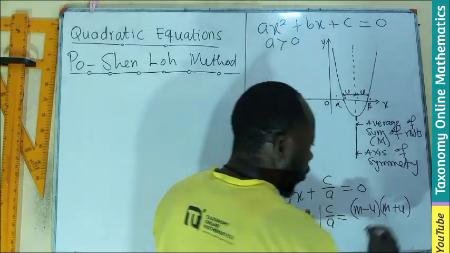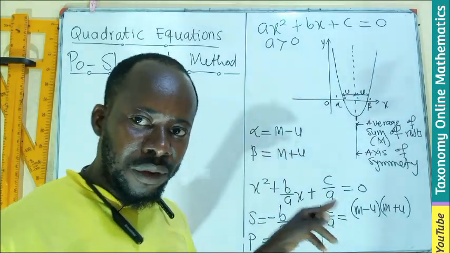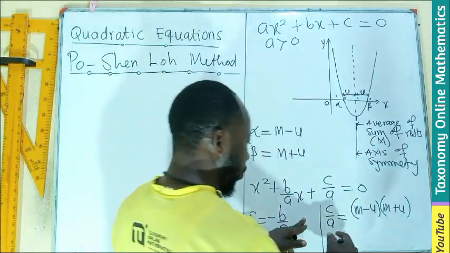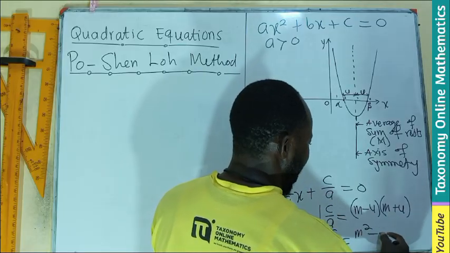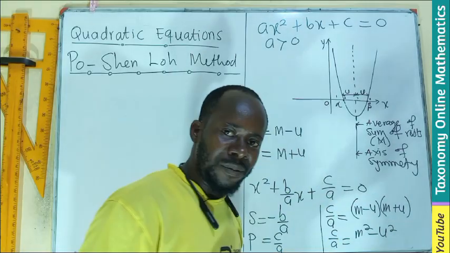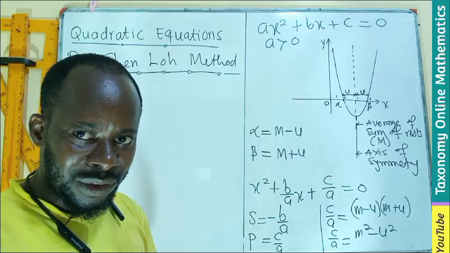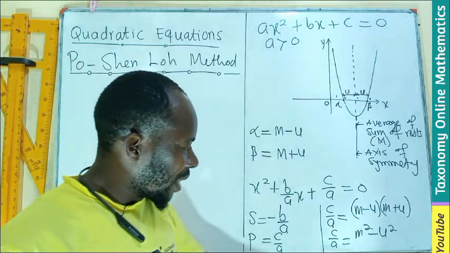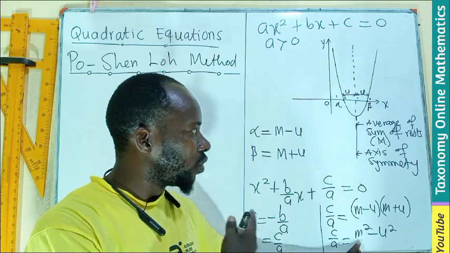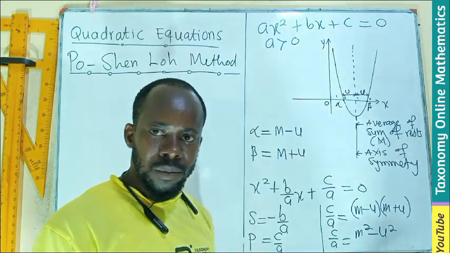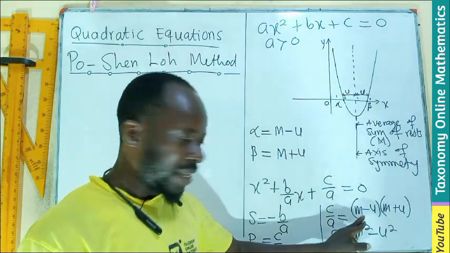U. And I'm sure you can see a difference of two squares in that bracket. So it can mean c over a equals m squared minus what? U squared. Do you now see that it is easy to find the u now? I can find the m easily by finding the average of the sum of roots.